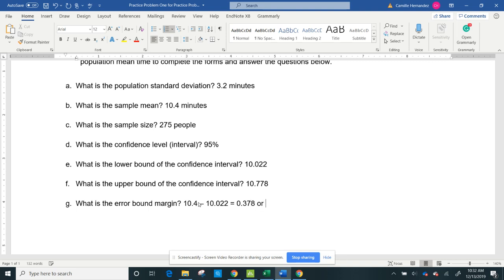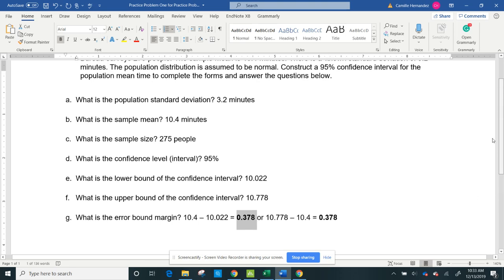Or I can do 10.778 minus 10.4, and that gives me the exact same thing, 0.378. So the error bound margin is 0.378, and I got it right here. You can do it either way: sample mean minus the lower bound, or upper bound minus the sample mean.